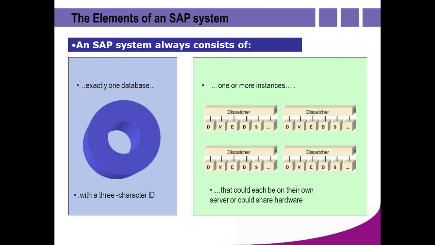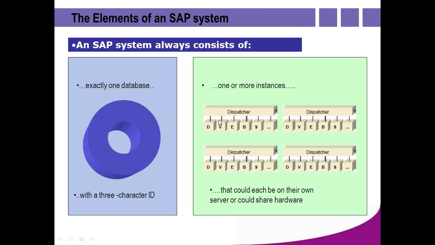So what is an instance? An instance is an administrative unit, having one or more services or processes which help you to execute your request. One dispatcher together with a few work processes is called one instance.